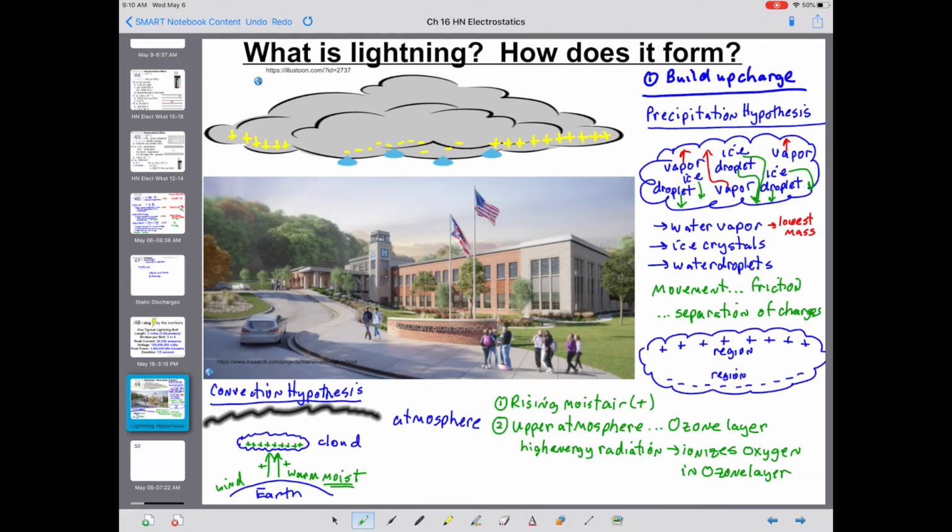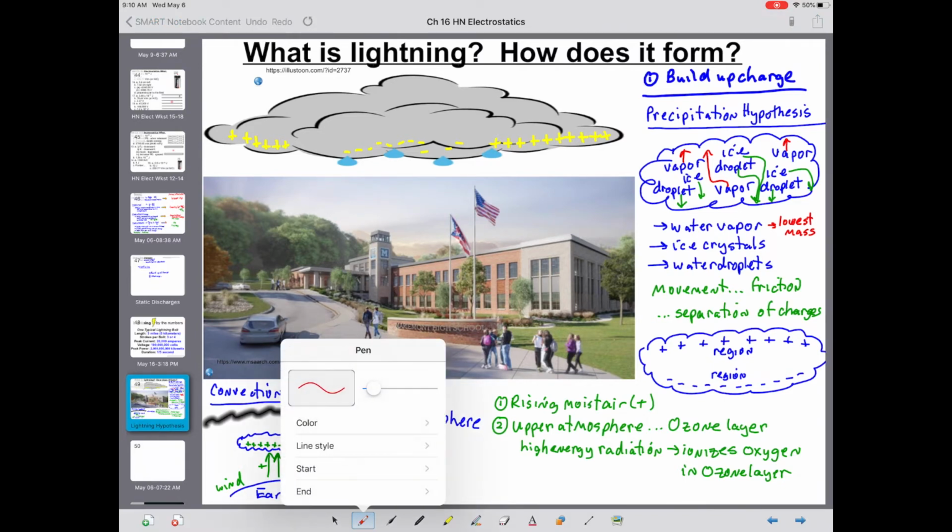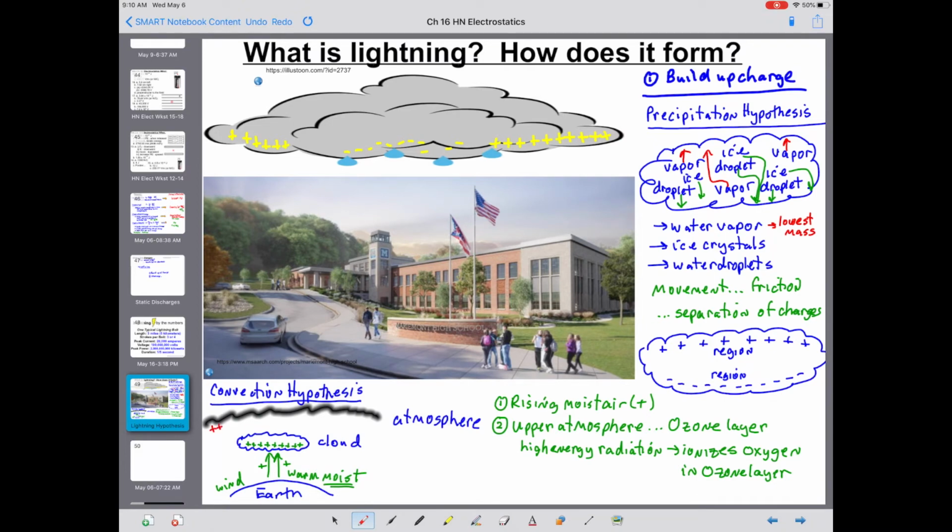So then as a result, in your upper atmosphere up there, you're going to get all kinds of pockets of charges. Now, we know that opposites attract each other, and because opposites attract, what we observe, the cloud is positive, negative charges are attracted down, causing the top of the cloud to become negative.